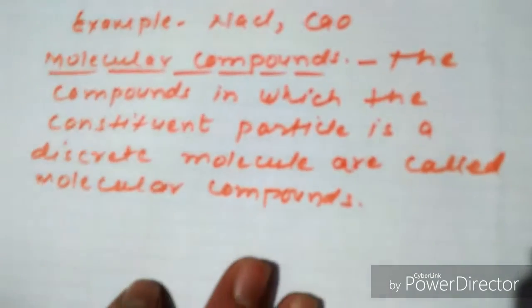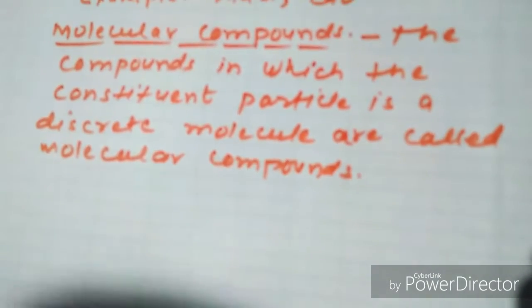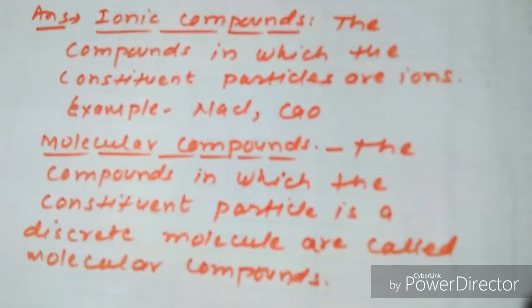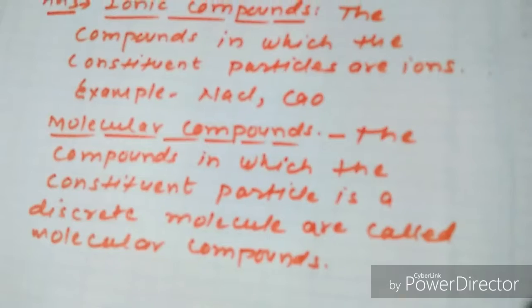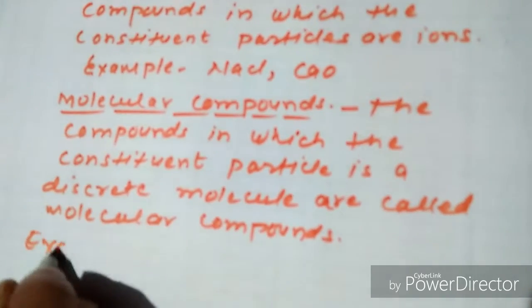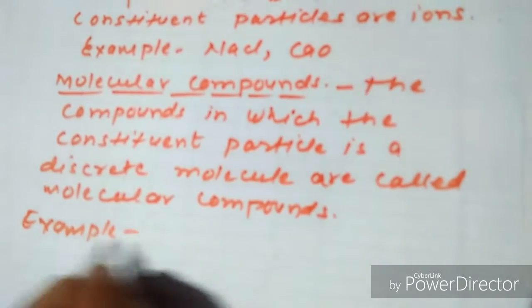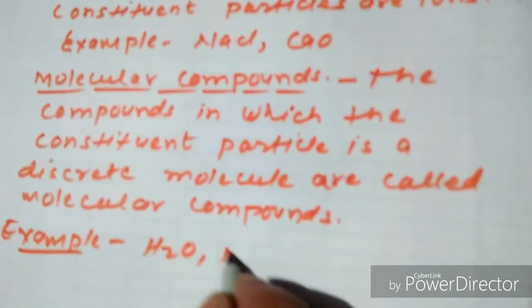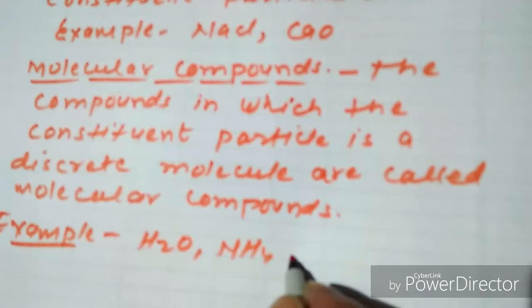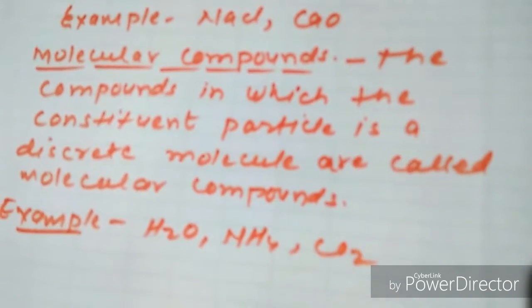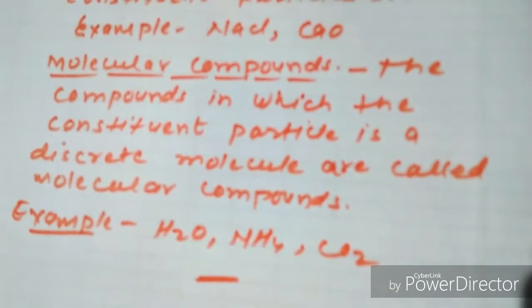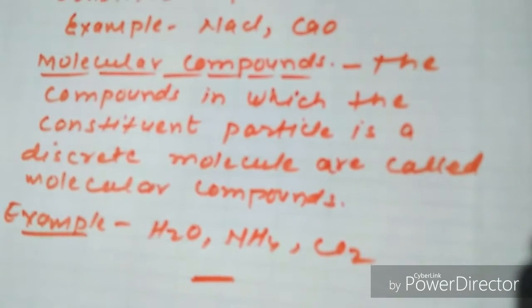Students, it is very easy to understand. As for example, water H2O, ammonia NH3, and CO2. So this is the answer to this type of question on ionic and molecular compounds with examples.